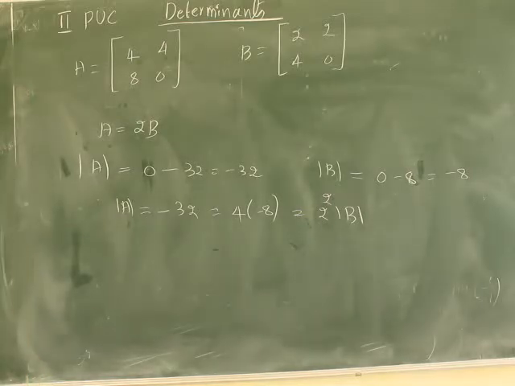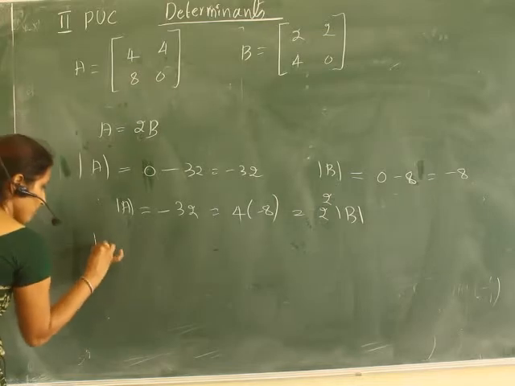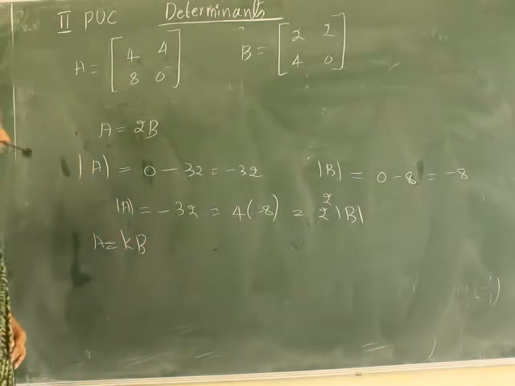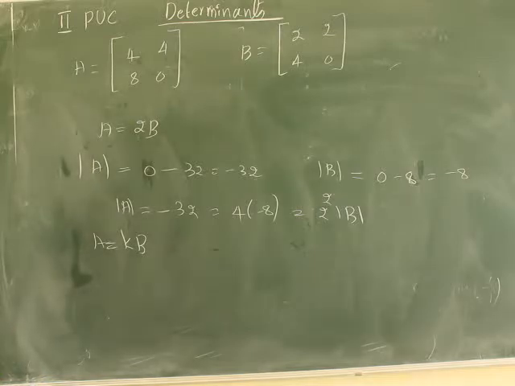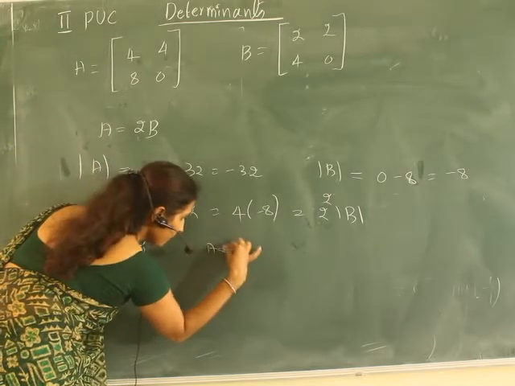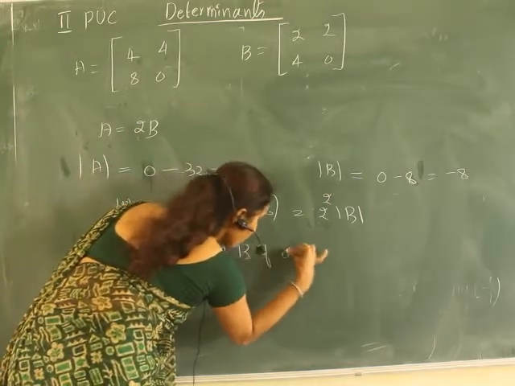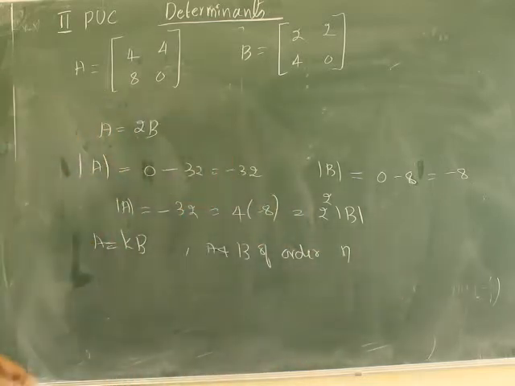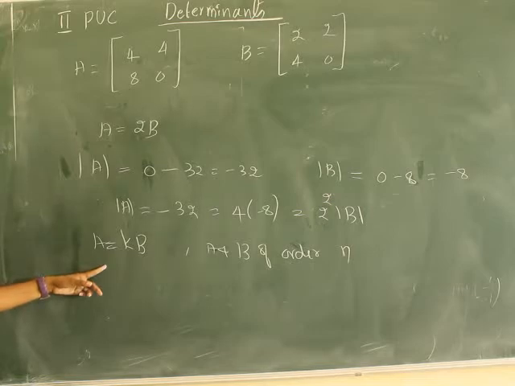Suppose I have a relation A is equal to K into B, where matrices A and B are of order n, the same order.